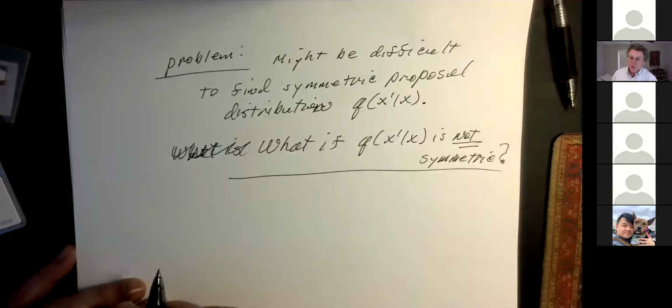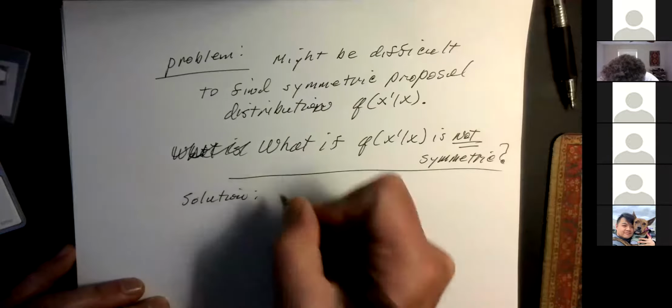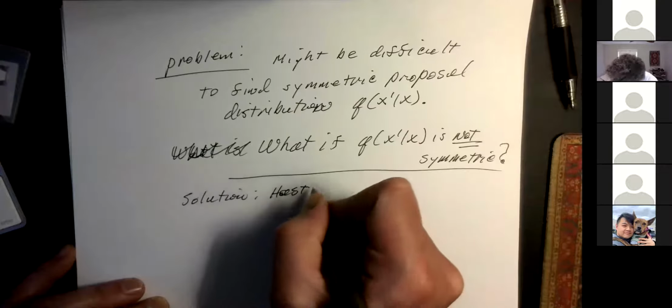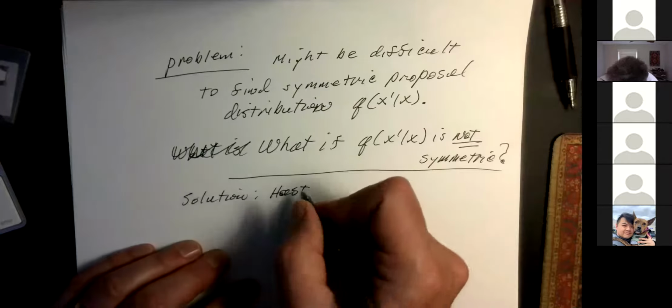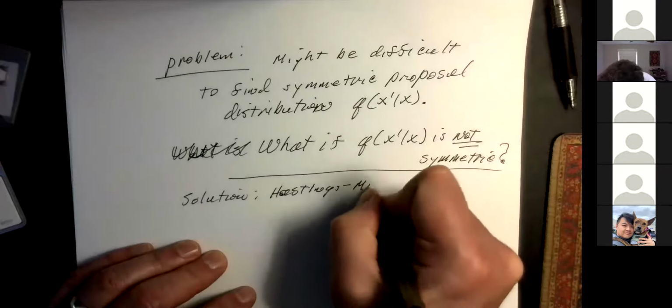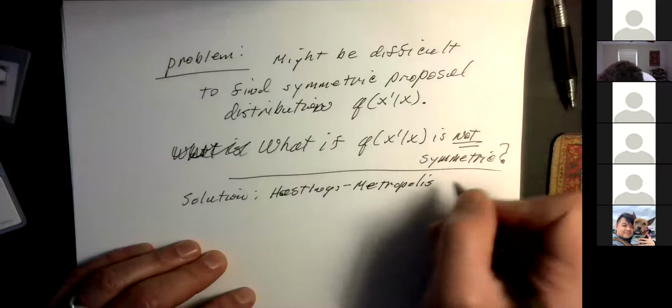The solution is a thing called the Hastings, or Metropolis-Hastings, algorithm.